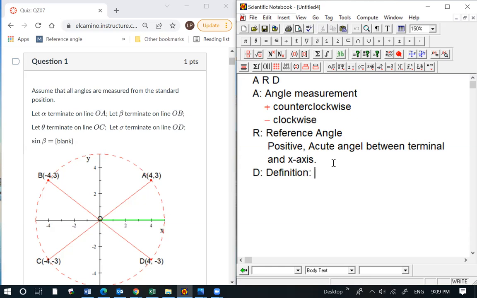What is the definition? For the definition, we pick any point (x, y) on the terminal side of the angle, other than the origin.